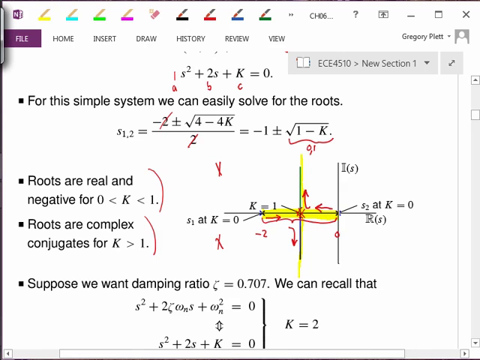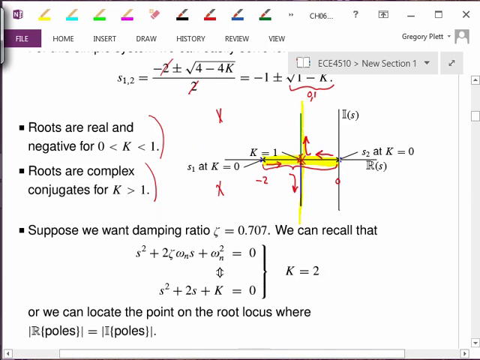So suppose I have a design parameter that says I want a damping ratio of 0.707, which is 1 over square root of 2. And we can look at the equation in standard form and say, well, the standard form is s squared plus 2 zeta omega n s plus omega n squared. And we know that our denominator is this. So if I make a correspondence, yes, those agree. And these here have to agree.